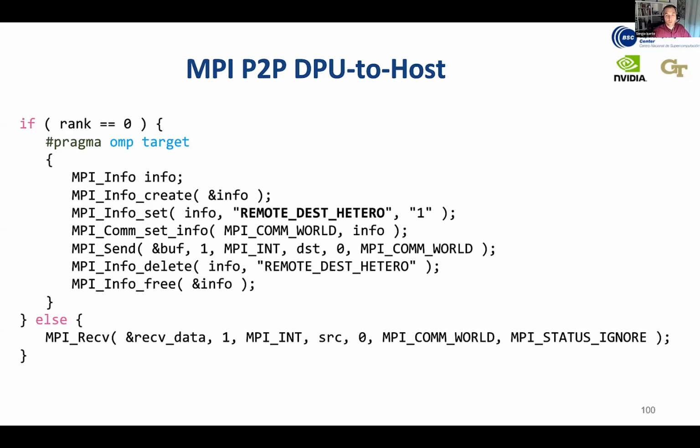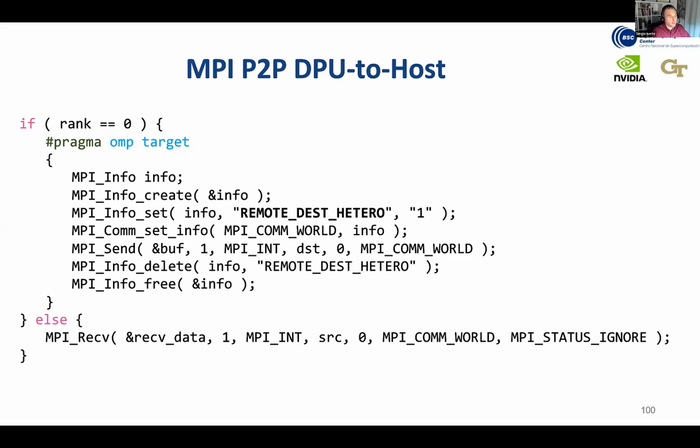Now, if we want to cross-communicate the host and the device, this example shows how we can send data from the DPU to the host. We need to offload this kernel to the DPU, and we have to create an MPI info object with the key remote destination heterogeneous enable, to tell the runtime that this send is going to another kind of device.